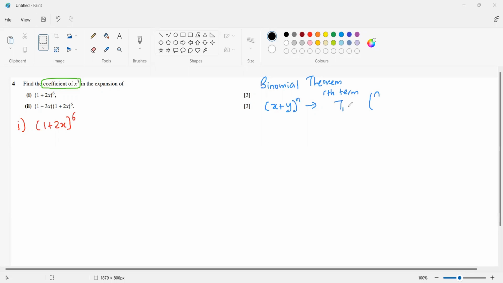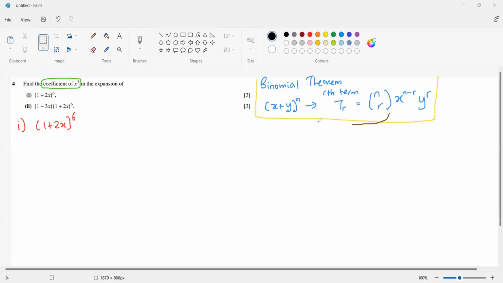If I write t_r, the rth term, is n choose r, and we can choose how we want to write the power. In this case, I write x to the power of n minus r, and then y to the power of r. We can switch the powers the other way around, it doesn't matter. It's the same thing. There's flexibility within the theorem writing.